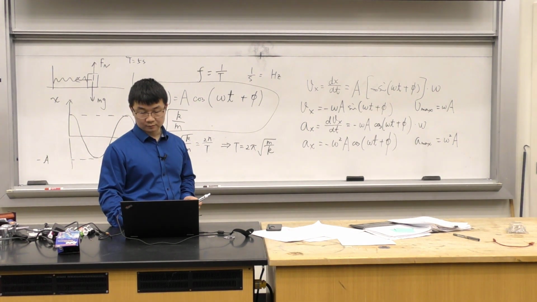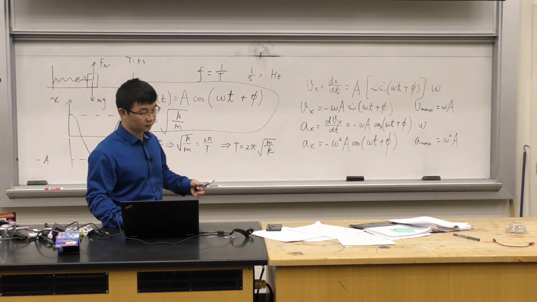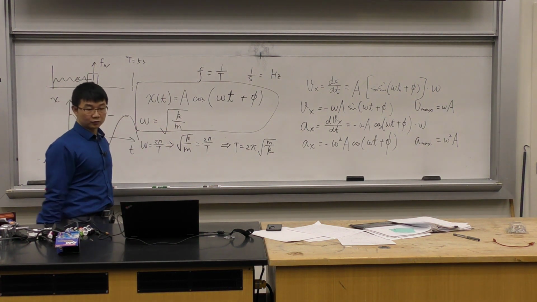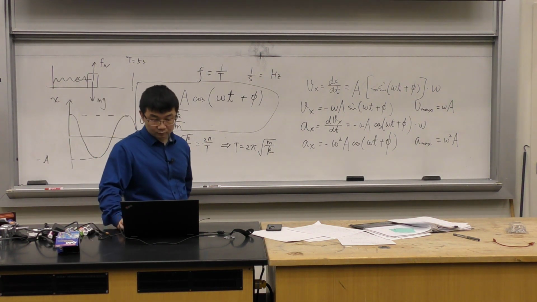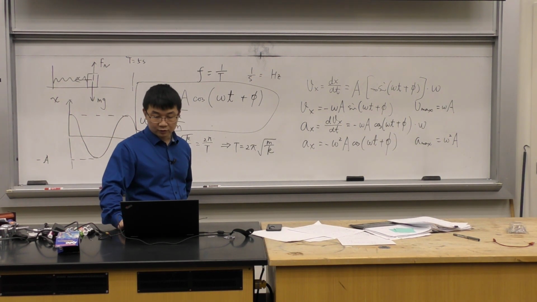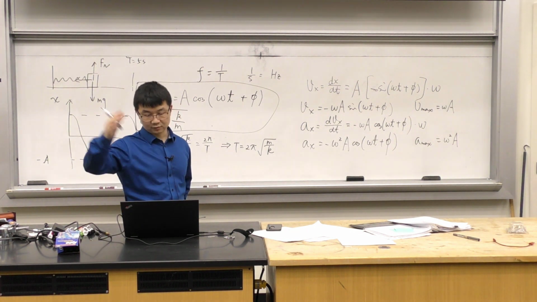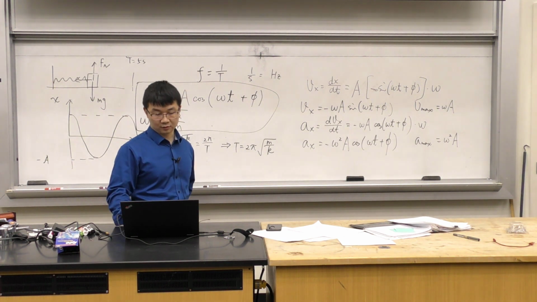Now let's practice this. Let's take a look at the question, and then you can also see the graph of this velocity and acceleration on slide 8, right? They're also wave-like, because they're also sine, cosine, right?